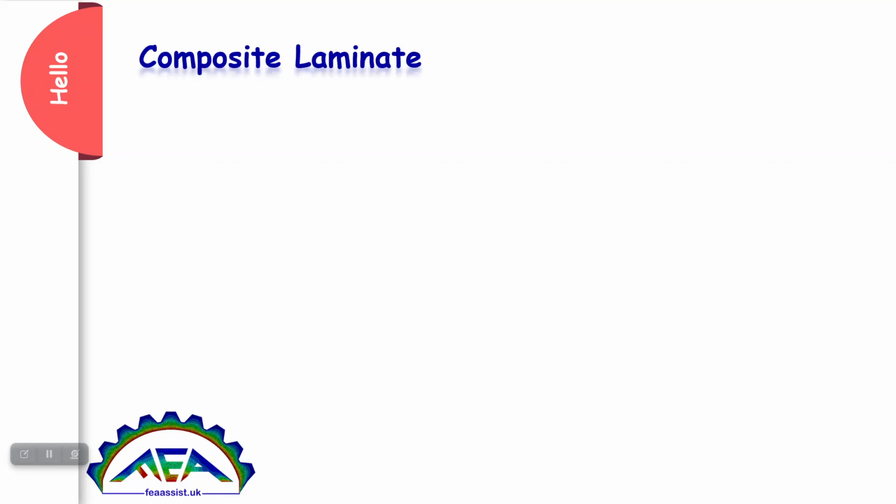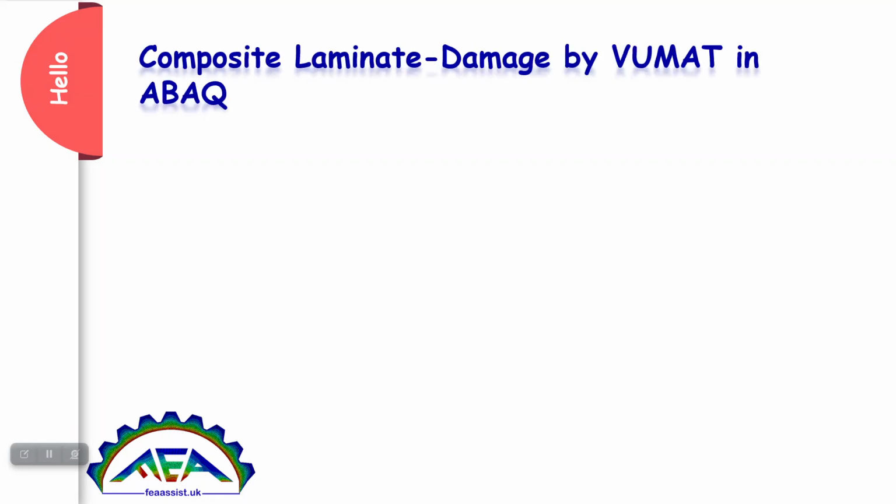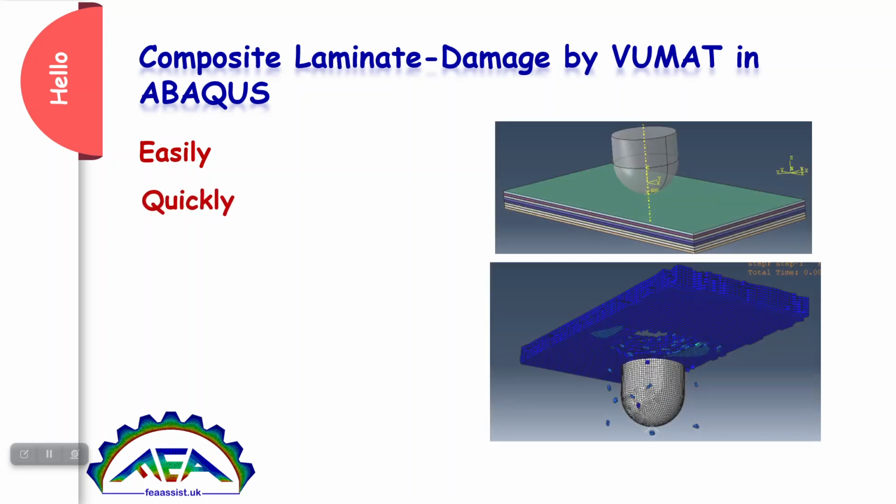Hello Abaqus users. In this video, I'm going to help you to model composite laminate damage, initiation and evolution by VUMAT subroutine in Abaqus. You will learn to do it easily and quickly by this tutorial.